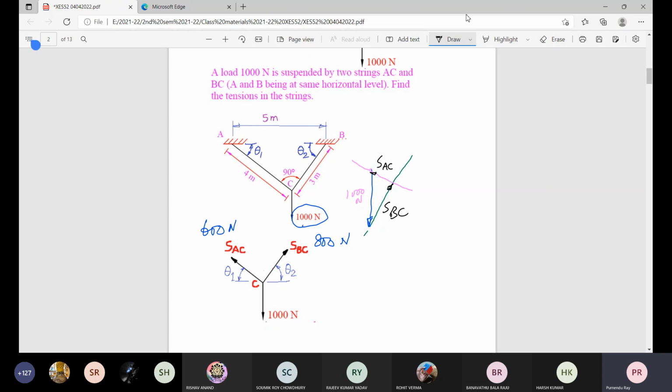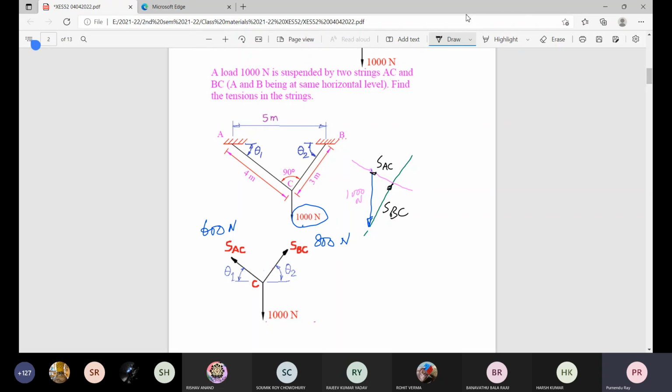As angles are corresponding to this geometry, you can understand the ratio. So SAC is to 1000. That will be the sine of the opposite angles.